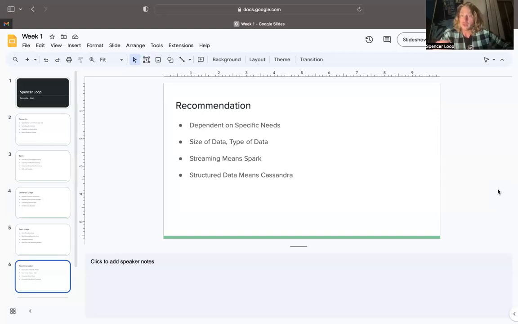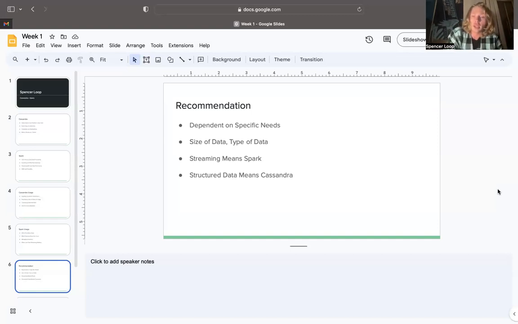Spark is really good at inputting data very fast, but one of its drawbacks is the reading portion of it. It's not as perfect to read, and it's not as fast to do so. You can kind of miss out on a couple things with that. On the other side, Cassandra can take so much data and replicate it, and one of its benefits is how easy it is to read that data and work with it.